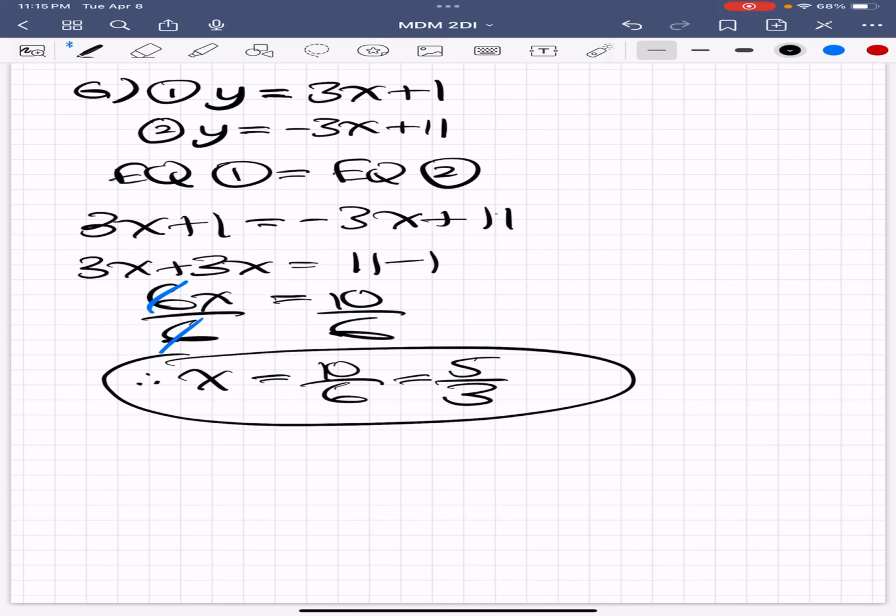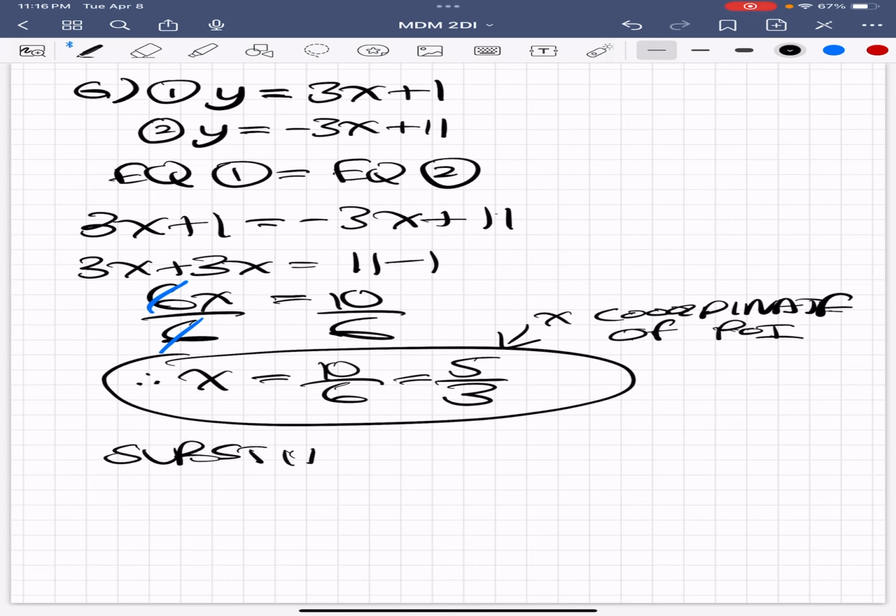So that's the x coordinate of the POI. And then we substitute x equals 5 over 3 into equations 1 or 2. And then we get y equals 3x plus 1, y equals 3 times 5 over 3 plus 1.